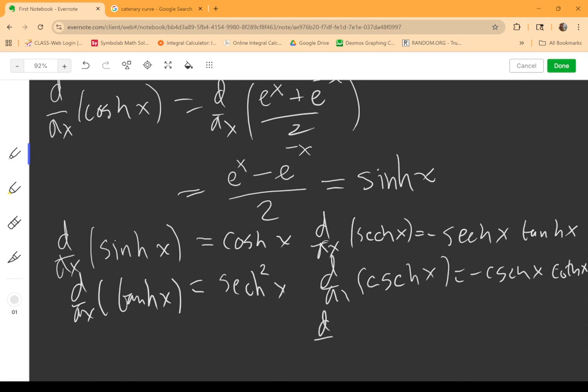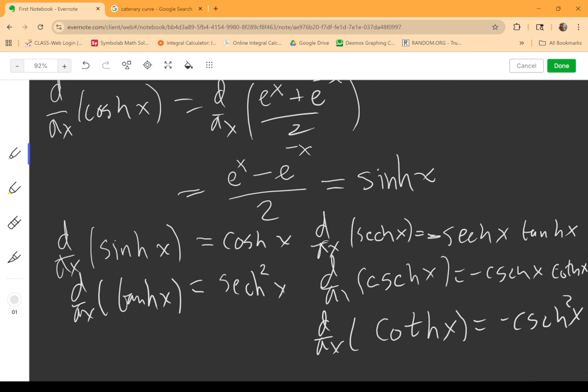And lastly, the derivative of hyperbolic cotangent of x is negative hyperbolic cosecant squared of x. Now it's not quite a one-to-one comparison with our trig, as there are negatives in different places, but you get the idea.